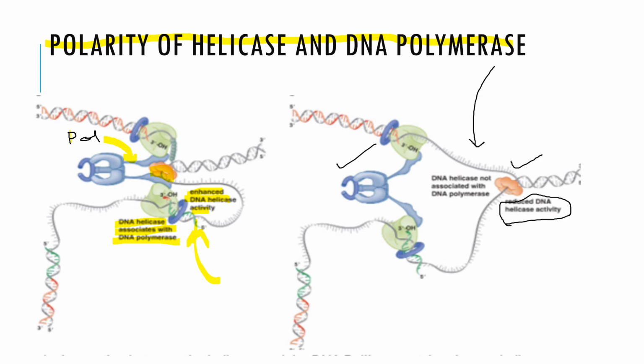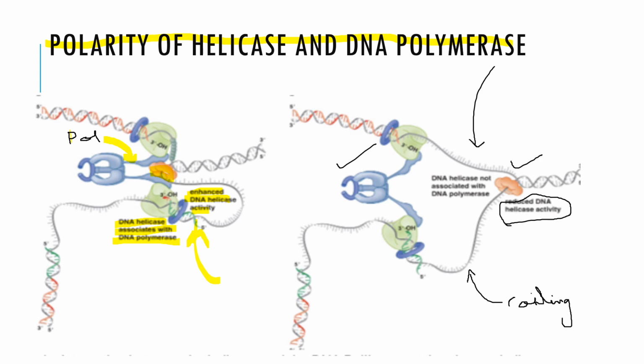And if they are not working together, and helicase is moving fast and fast unwinding the DNA strand, and DNA polymerase is left behind, doing its work to polymerize the DNA strand but still left behind, in that case there would be the possibility of coiling of the DNA strand. In case of coiling of the DNA strand, the process of DNA replication is affected.